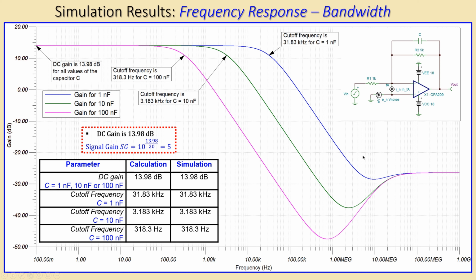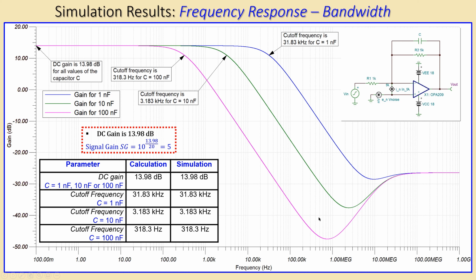We also see something which is maybe unexpected. This is of course the first order behavior. So we have the DC value, and then we have the cutoff, and the line will of course decrease with a slope of minus 20 dB per decade.